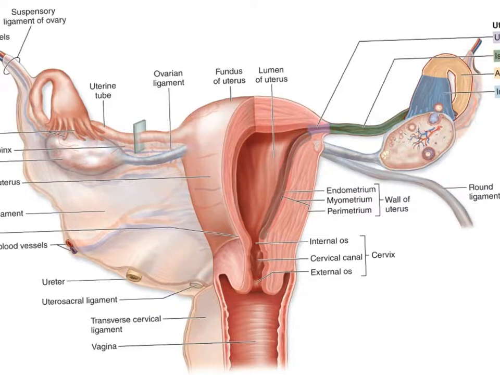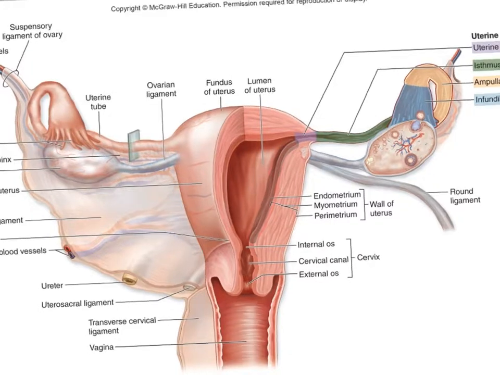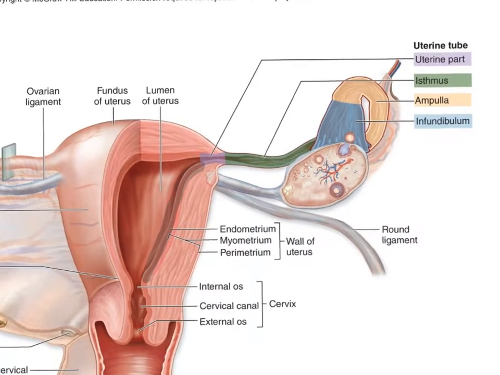There are a couple different parts to the uterine tube. You have the infundibulum. It's kind of this funnel-looking part that sits on top of the ovary. And off of each of those infundibulum are these finger-like projections. Those finger-like projections are called fimbriae.